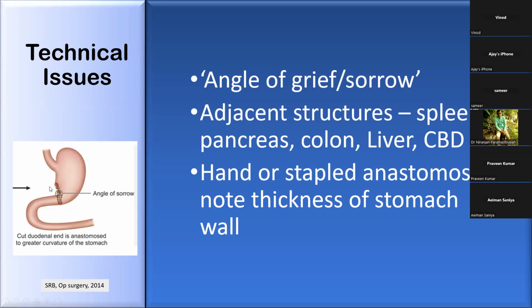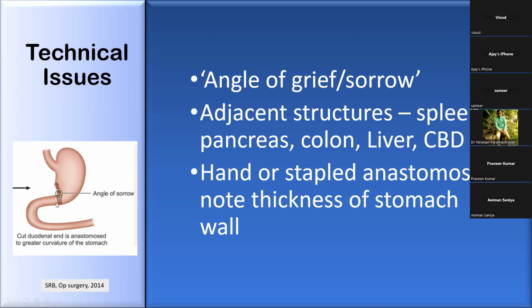It will just be a seromuscular suture to the stomach, but only where the stomach is open, this part of it, as I said, maybe a third of the diameter of the stomach, only that part of the bowel is opened and sutured like everywhere else.